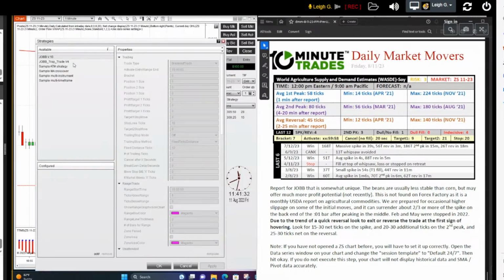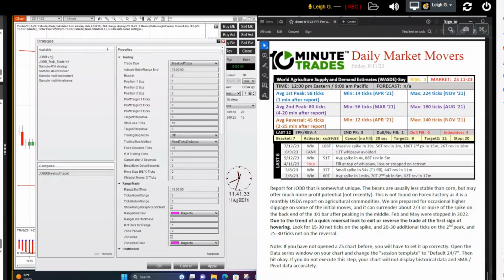I'm trading a breakout trade, and the time is 11:59:58. And the bracket is 7.